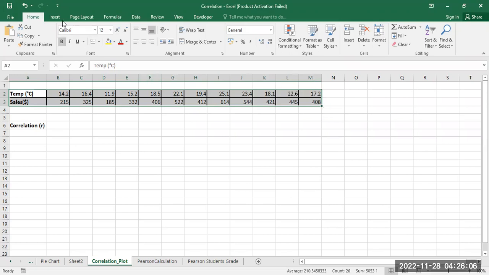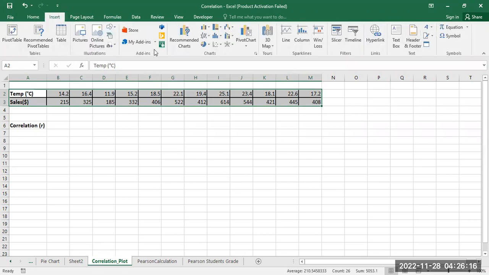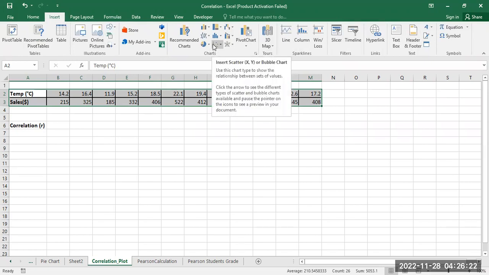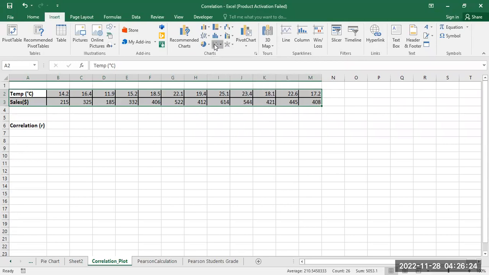And then I go to Insert on the command menu. I click on Insert, and then I come to the Charts group.